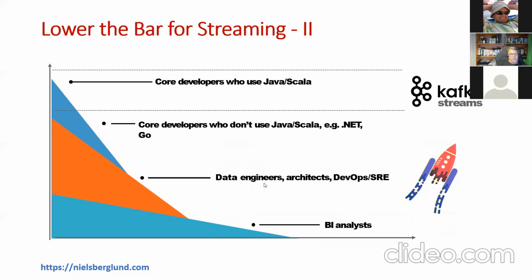If I'm a data engineer, an architect, DevOps, etc., I can use ksqlDB, and even a BI analyst who is somewhat used to writing SQL statements can use it. So ksqlDB opens this whole thing up for a lot of people, which is very, very cool.